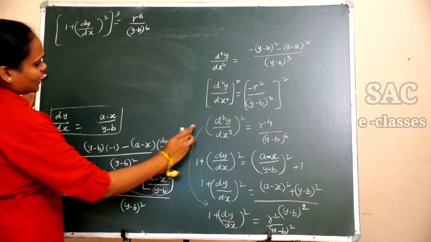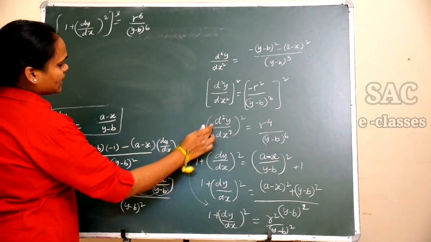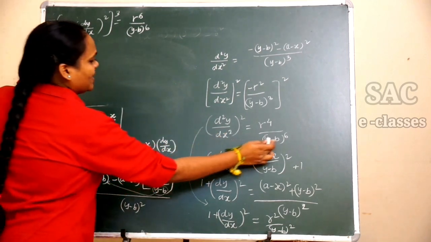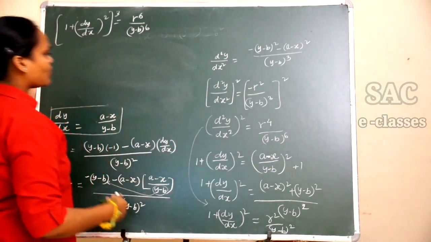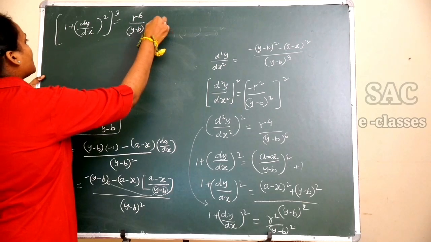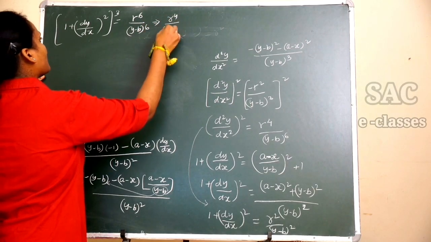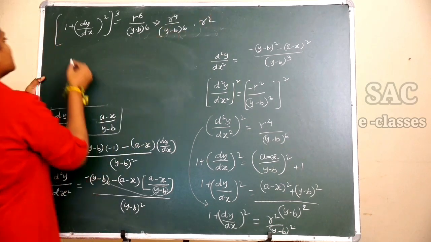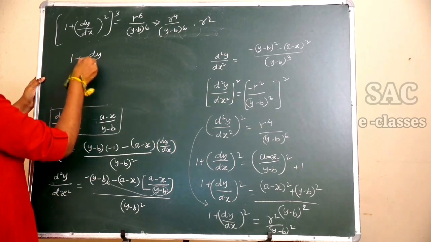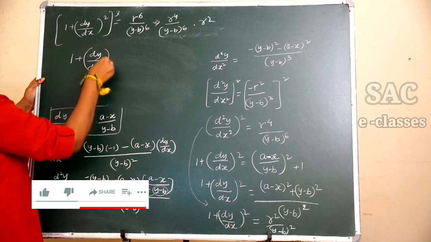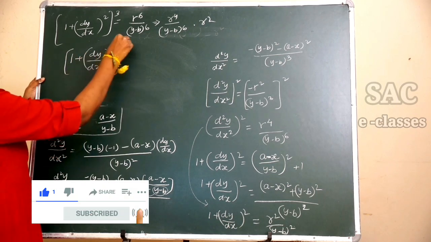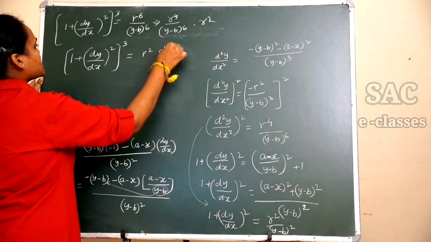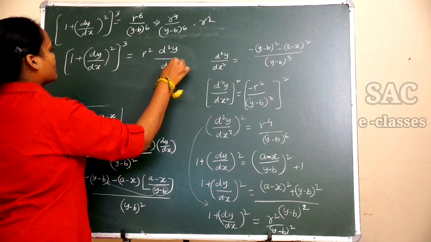So if you observe, what is the link with the d square y by dx square and this one, y minus b whole power 6 are same. So what I am going to do is, let me write this one as r power 4 by y minus b whole power 6 into r square. So now you got the relationship: 1 plus dy by dx whole square whole power 3 is equal to r square into d square y by dx square.